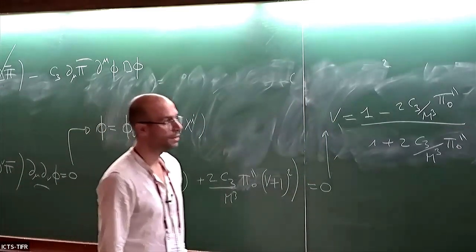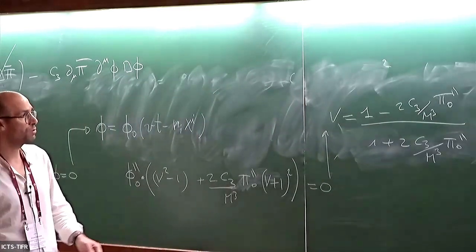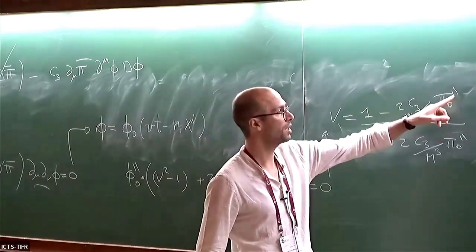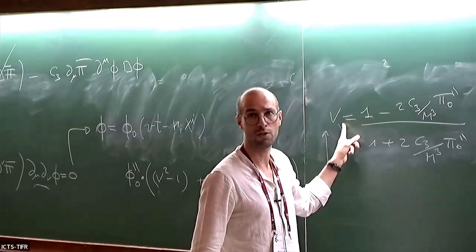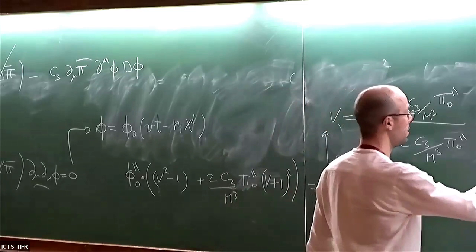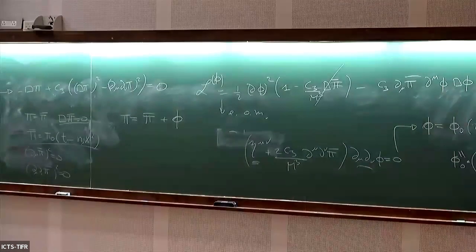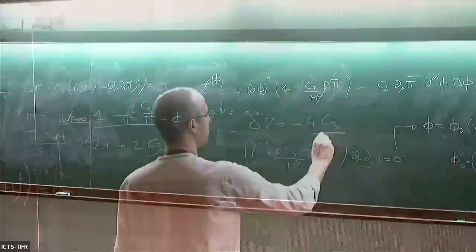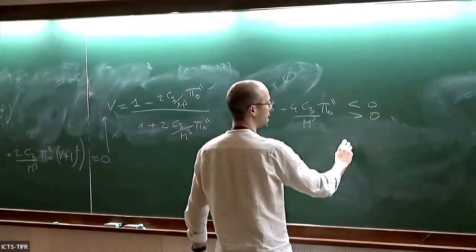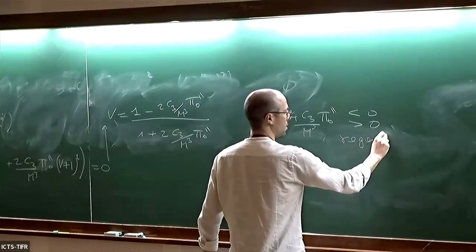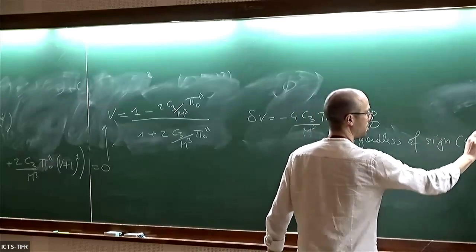And you see that regardless of the sign of C3, I can always choose pi 0 here such that pi 0 second times C3 gives you a speed bigger than 1. So the variation of v here, which is minus 4 C3 over m cubed, can go either way, regardless of the sign of C3.